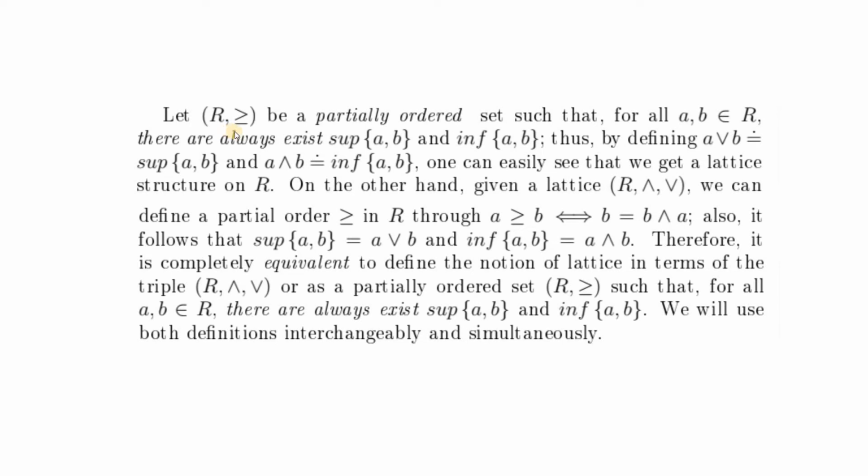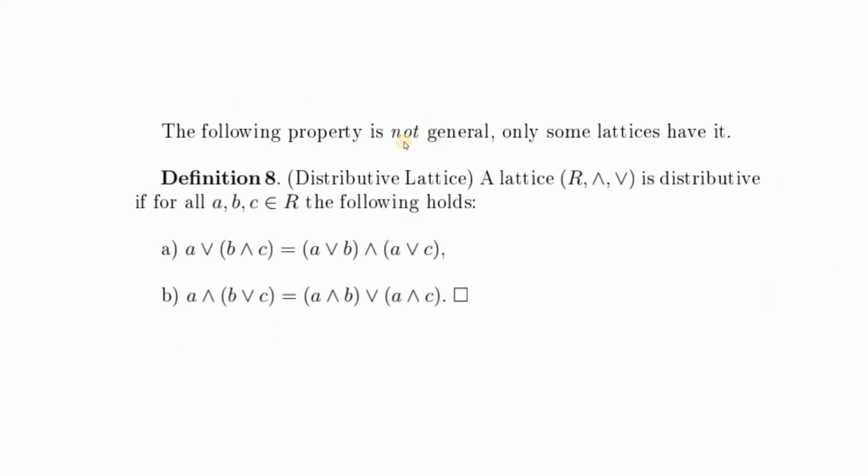So we will use these notions interchangeably. Whenever it's convenient, we will think of a lattice as defined by the binary operations, or as defined by the partial order. Now, the following is a key property that is not general, only some lattices have it, which is called the distributivity property.